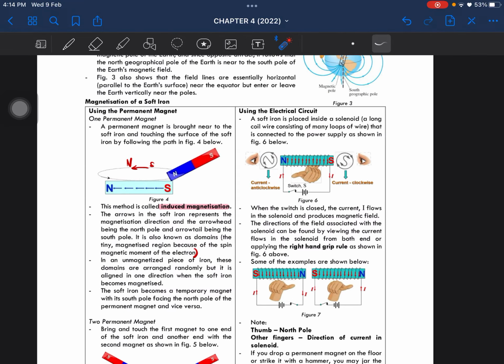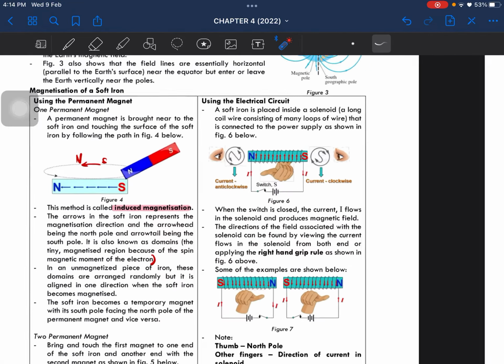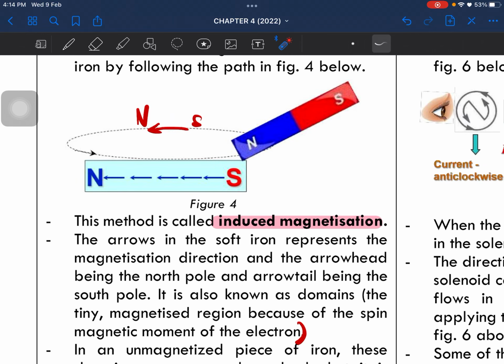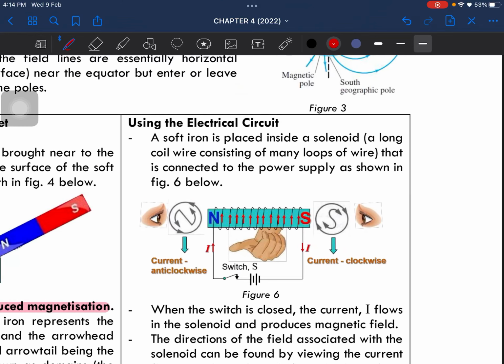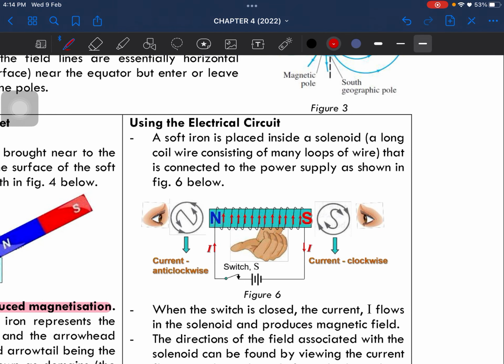Alright. Now, sorry, the domain means this arrow. So this is north, this is the south pole.